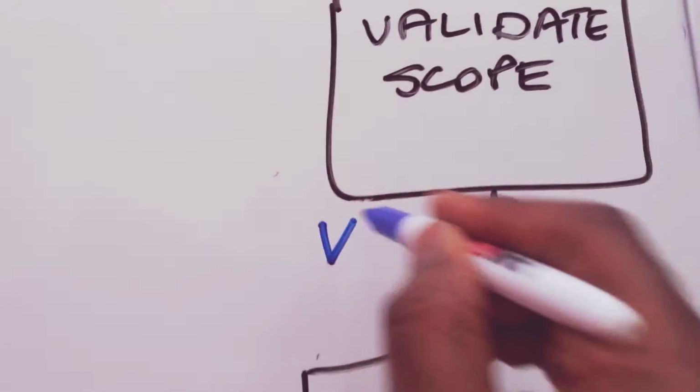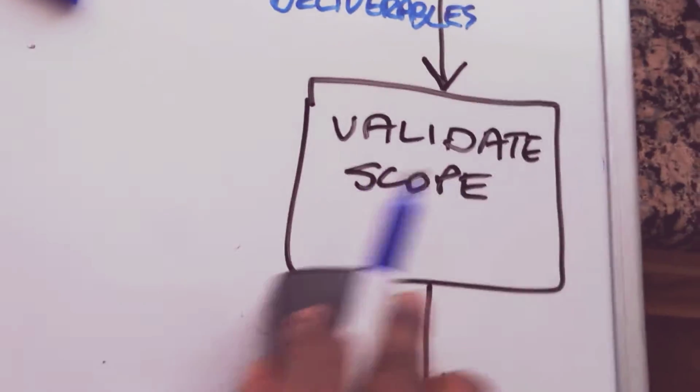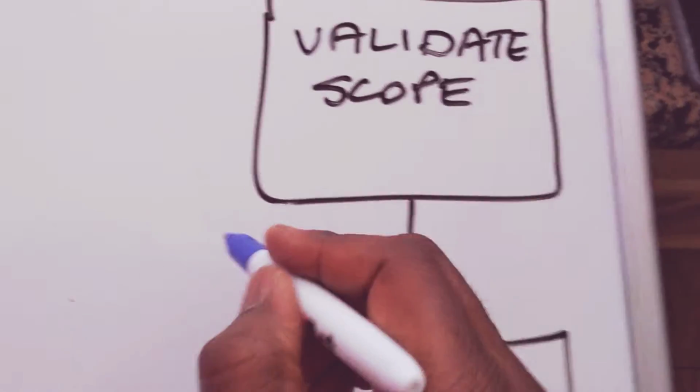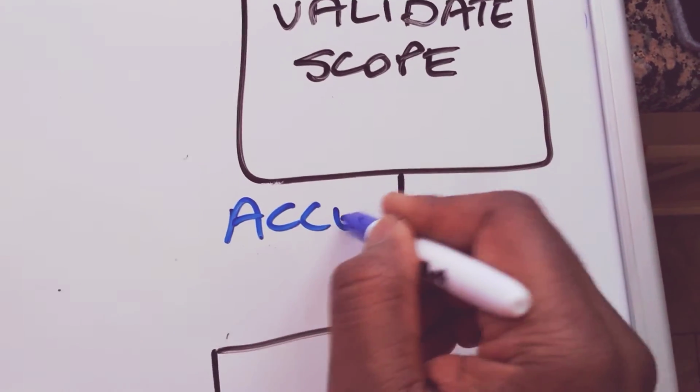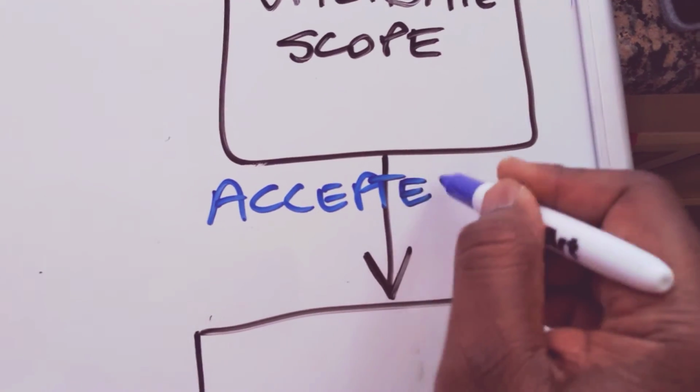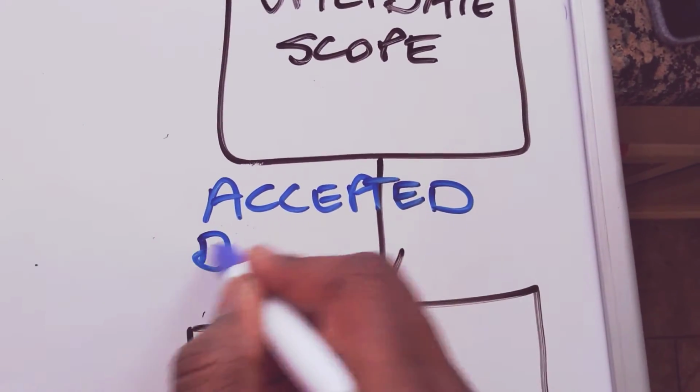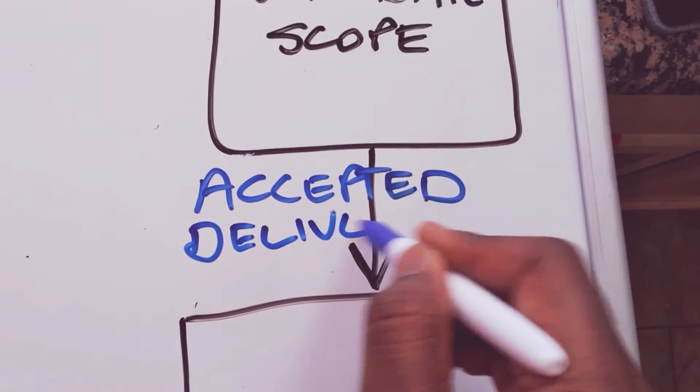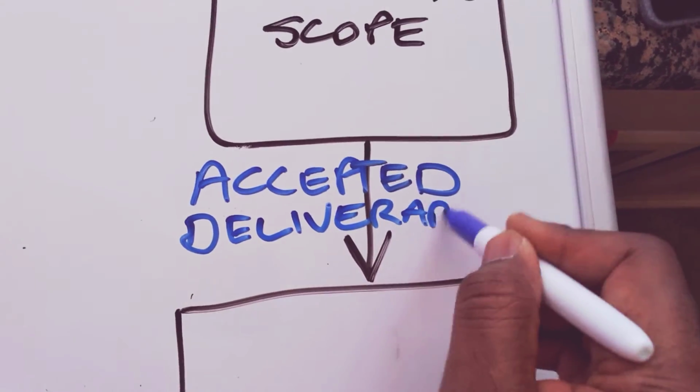So from validate scope, we get what is known as an accepted deliverable. That's when our customer has accepted the deliverable.